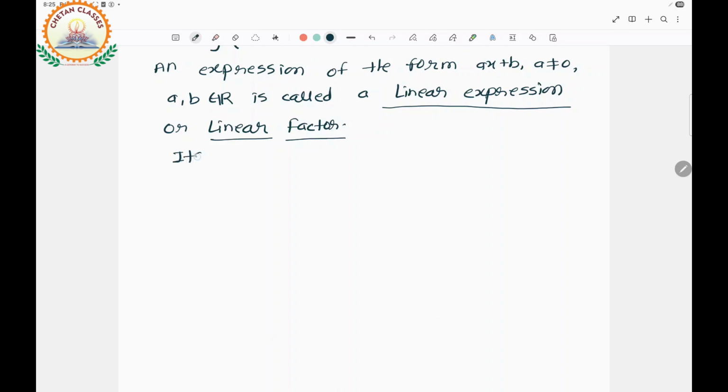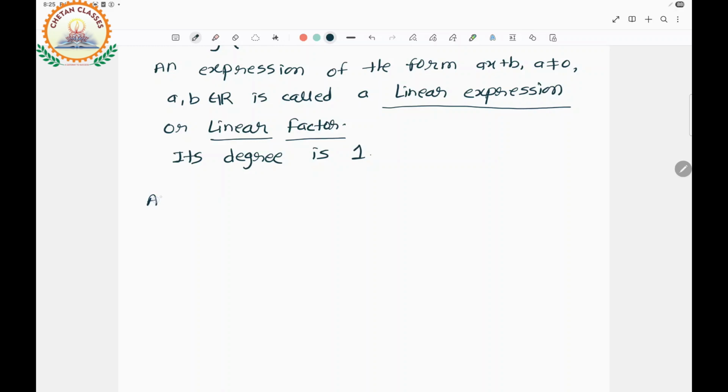Its degree is 1. So linear expression and linear factor means any expression whose degree is 1, that expression we call as linear expression or linear factor.